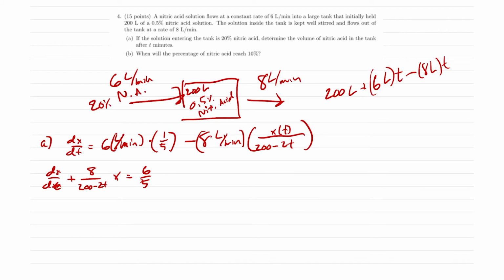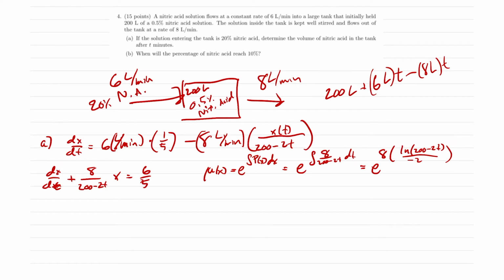So our mu of x is equal to e to the integral of p of x dx, and p of x here is 8 over 200 minus 2t dt. All right, so that is going to give me e to the 8 times the natural log of 200 minus 2t divided by minus 2 by a chain rule.